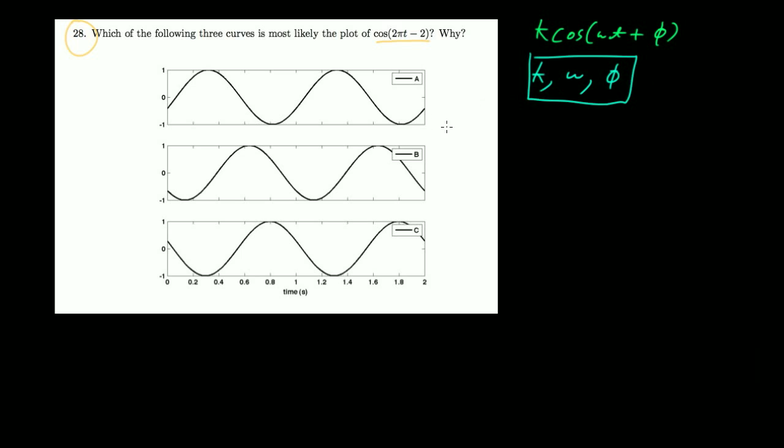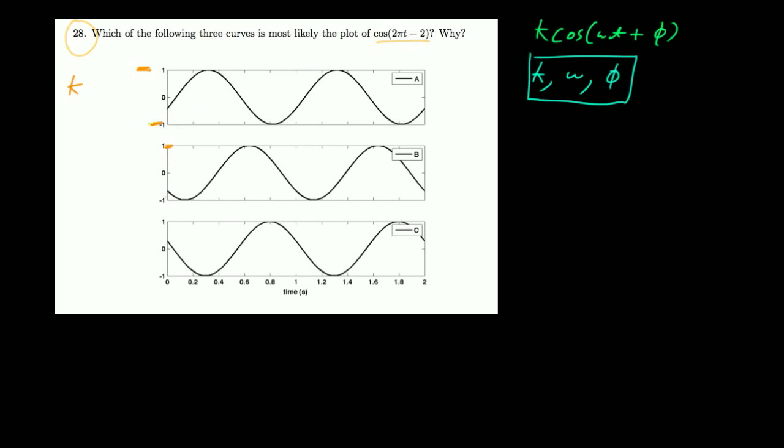So now let's start out looking at k. For k, hopefully you can see k determines the amplitude we would have, and my amplitude here is 1. The 1 is the k for this particular cosine we want, cosine 2 pi t minus 2.